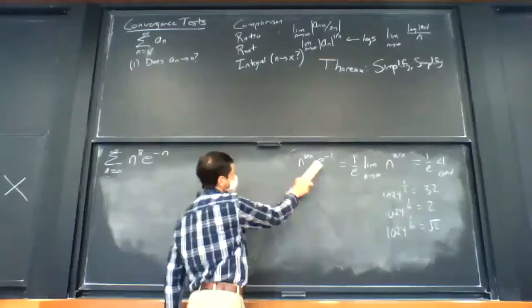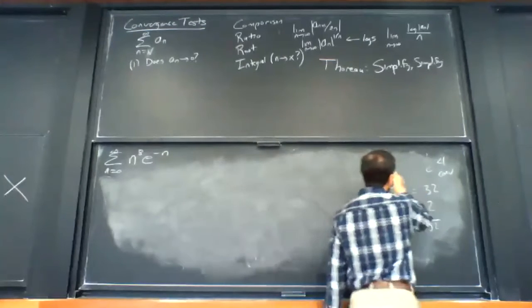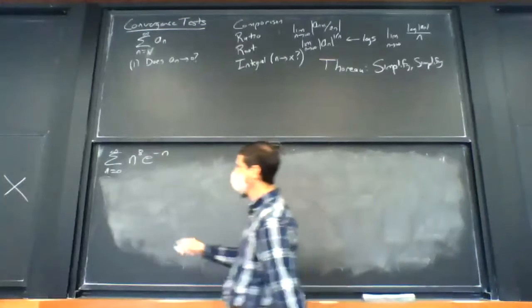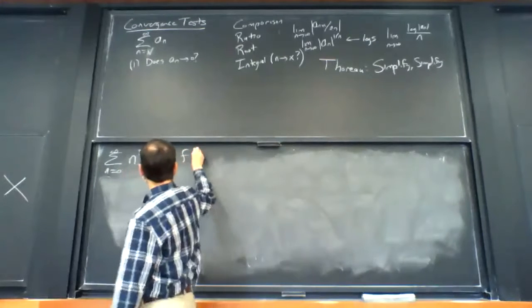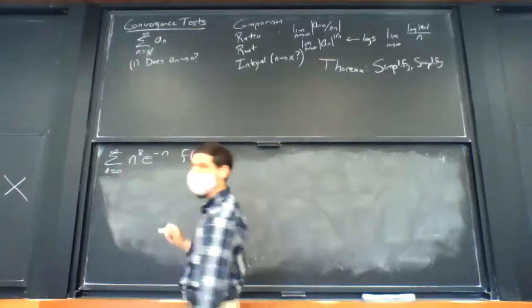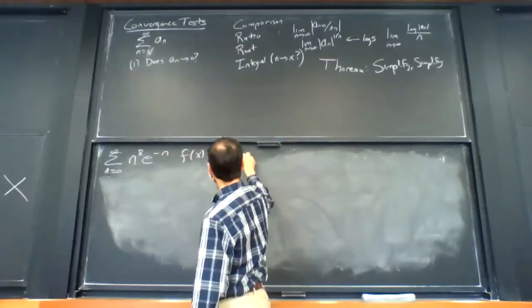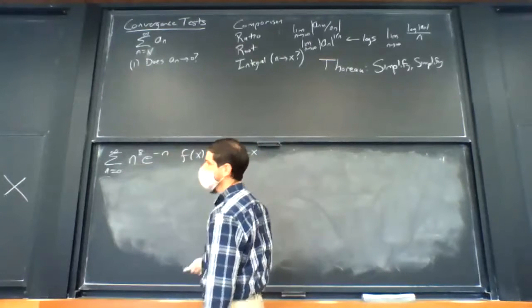If we're going to do the integral test, we need to think of a good function to use. Any thoughts as to what f of x should be? Yep, x to the 8, e to the negative x.